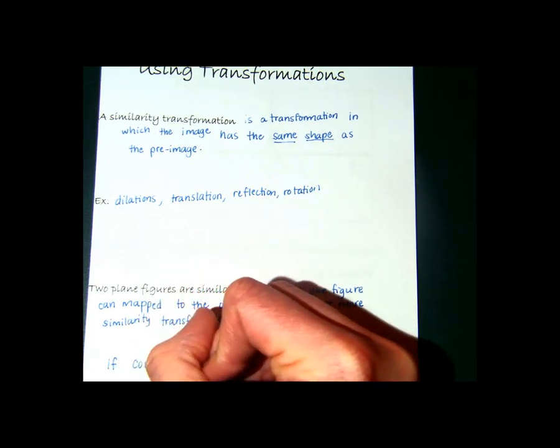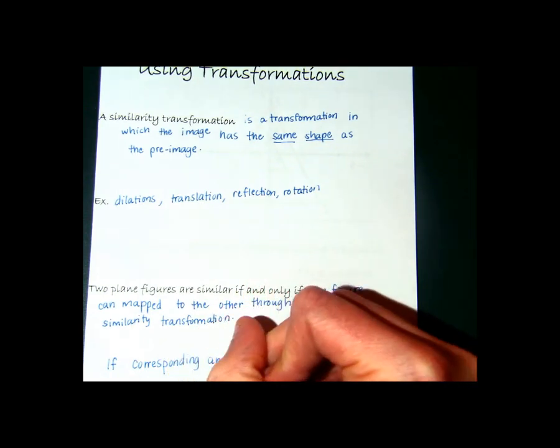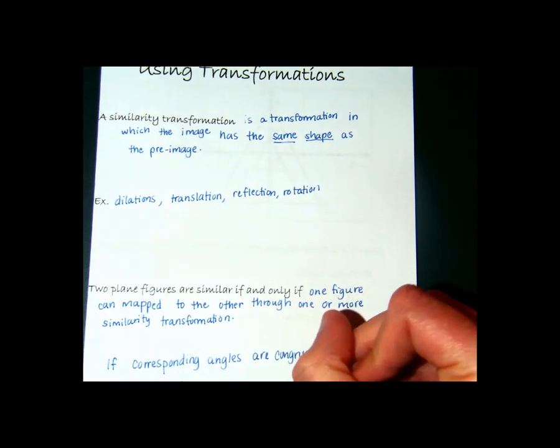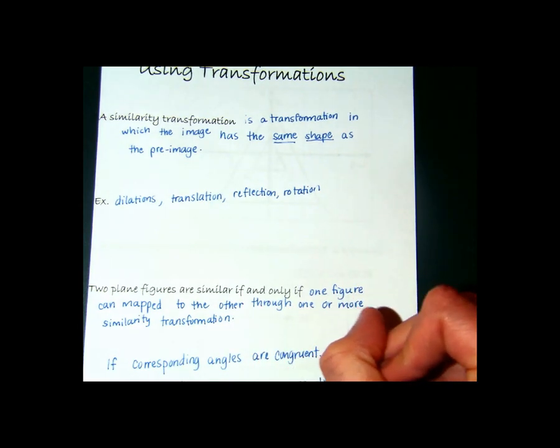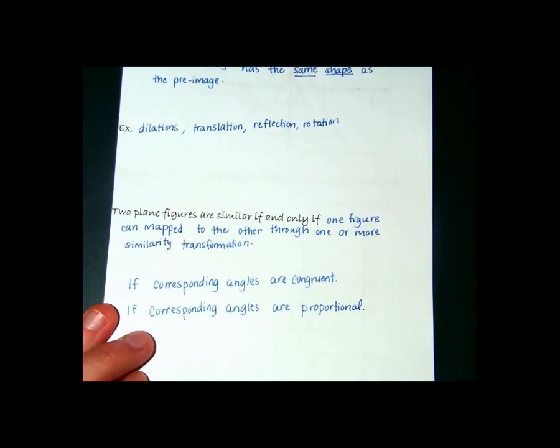So we talked about that yesterday, or in the last lesson. So we're going to do some examples with this. A lot of this is really the same. We're going to talk about scale factor, and we're going to talk about center of dilation. We're going to talk all about all of those again.